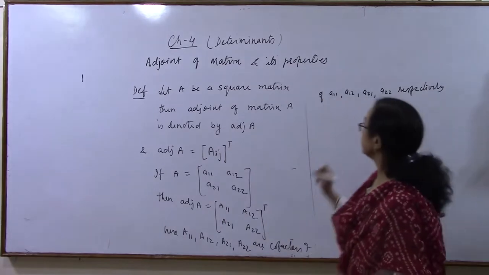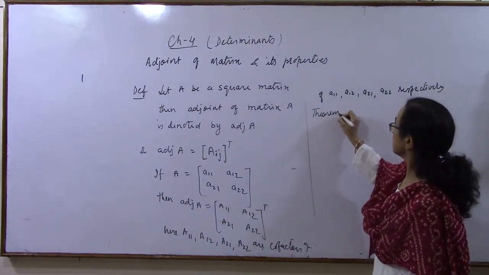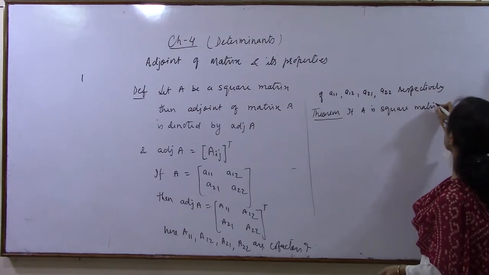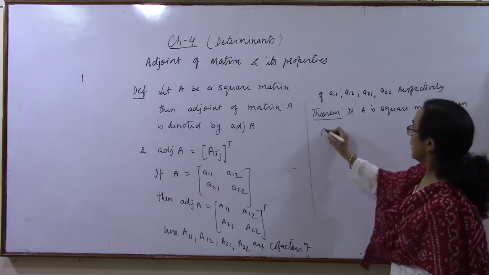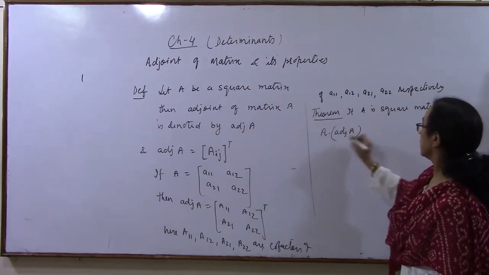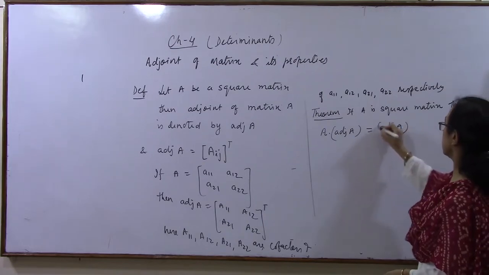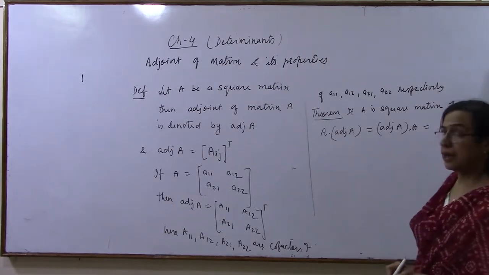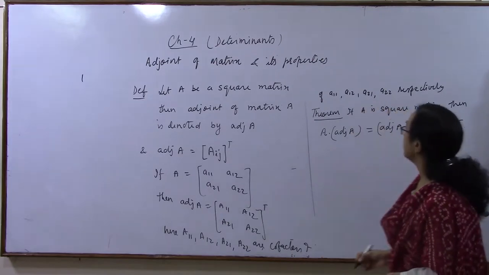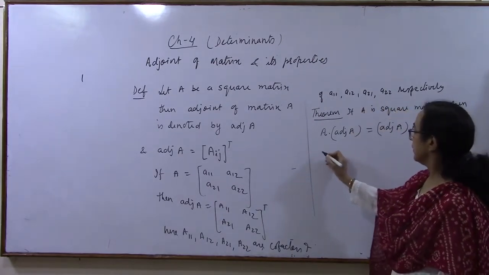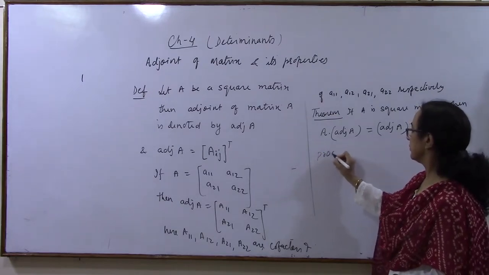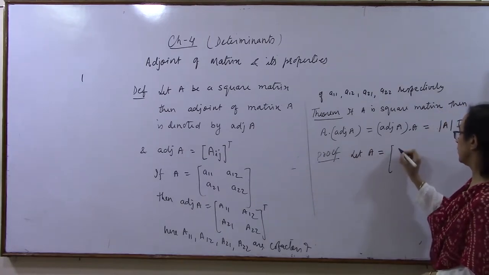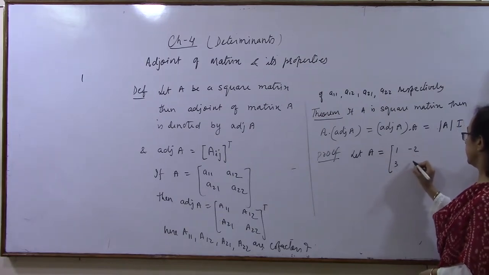Now theorem 1. If A is a square matrix, then A times adj A equals adj A times A equals determinant A times I. Here I is the unit matrix of the same order as matrix A. Taking an example, let A equal [1 -2; 3 4].